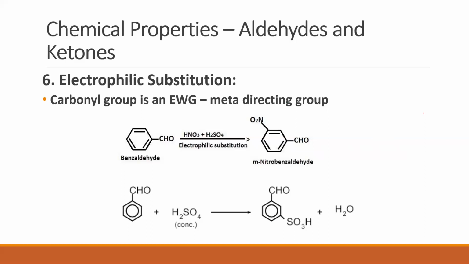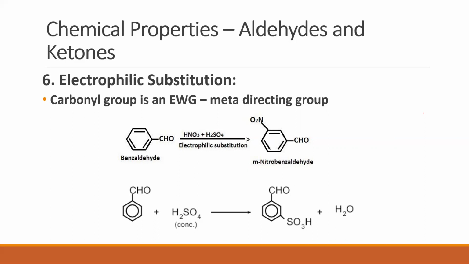Now, why were they ortho and para? Because the groups were electron releasing in nature due to the presence of the lone pair. Now, any electron releasing group attached to benzene will increase electron density at ortho and para positions. They are also called activating groups.